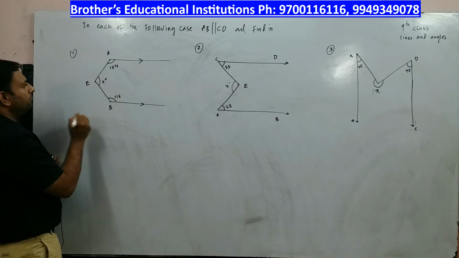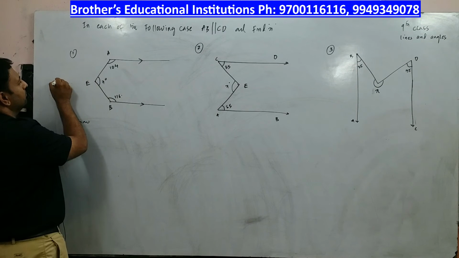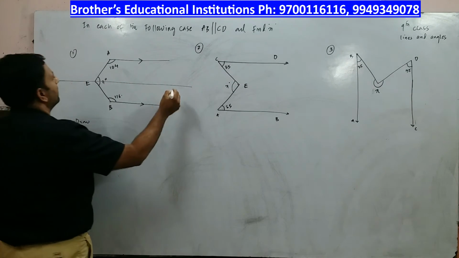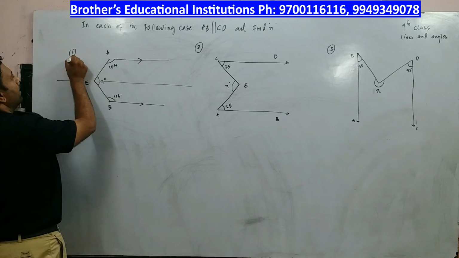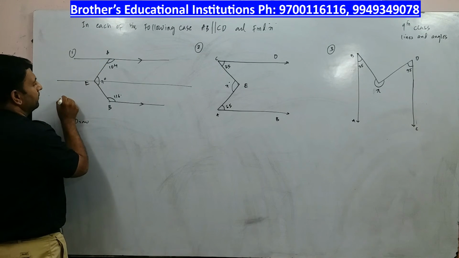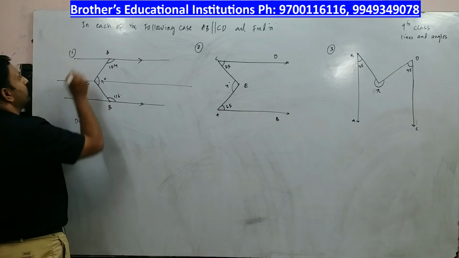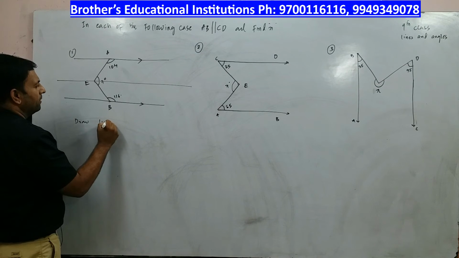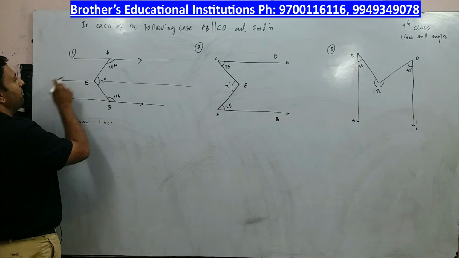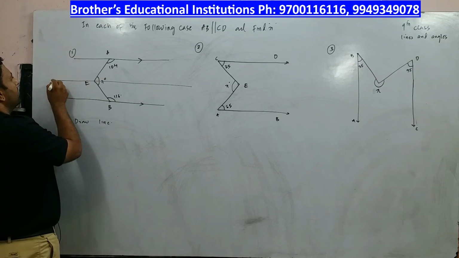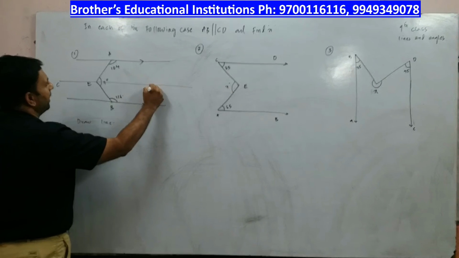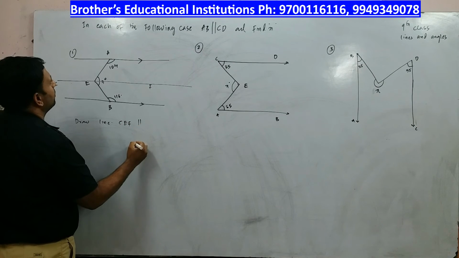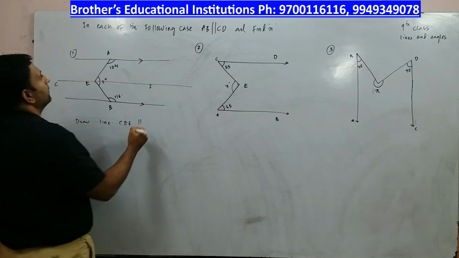Draw, I am taking this line. All right. Now I will extend this. Now I will say draw line CEF, parallel to AB.